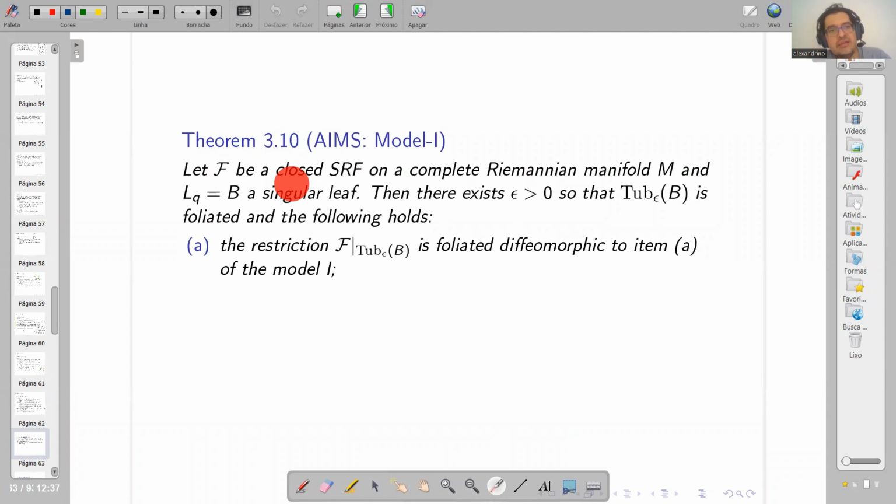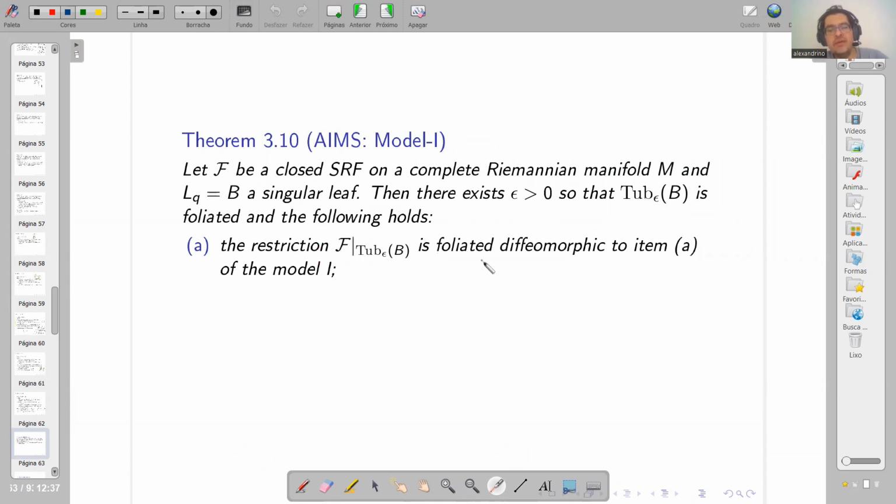If you have a singular Riemannian foliation with closed leaves, on a complete Riemannian manifold, actually something even a little more general than this, and consider a fixed singular leaf B here, then small tubular neighborhoods are always foliated. So you have the following.